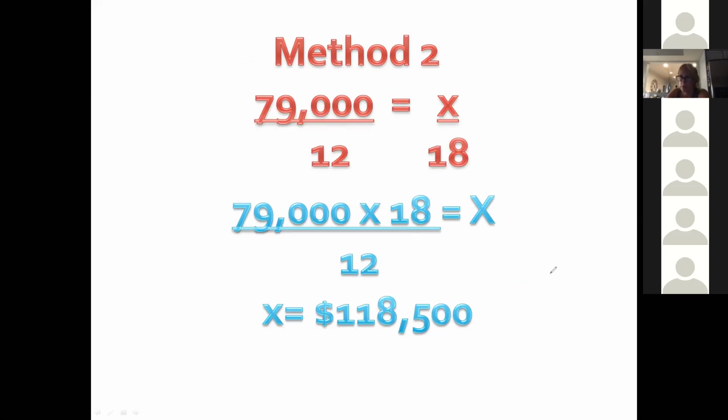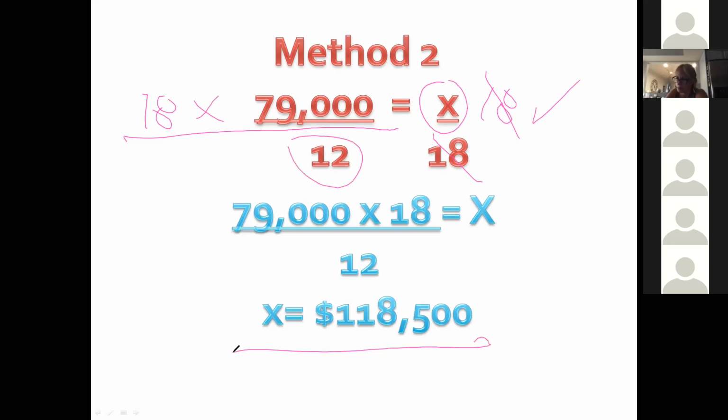Well, we want to get this 18 over onto the other side. And how do we do that? We multiply this over here by 18. 18 divided by 18 is 1. So that leaves us with just x. And then whatever we did to this side of the equation, we have to do to this side. So we have to say 18 times 79,000 divided by 12, because that 12 still stayed here, and it gives us 118,500.